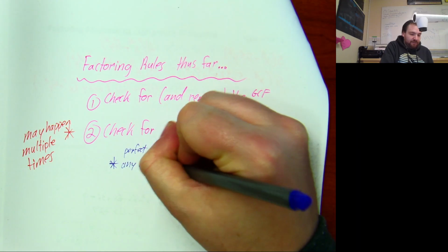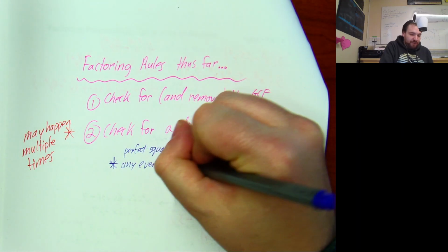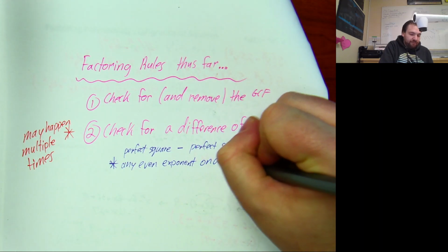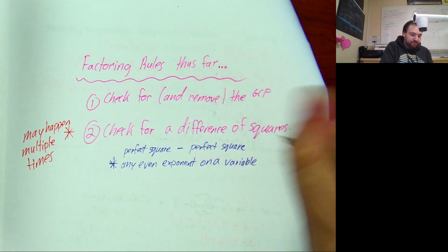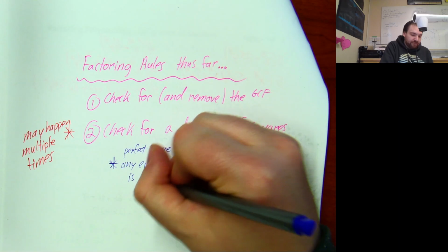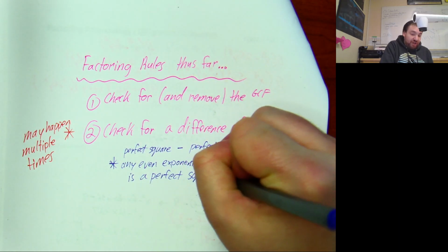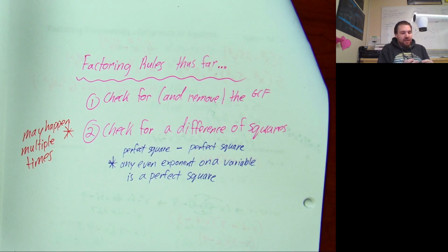Any even exponent on a variable is a perfect square. Which is not something we talked about yesterday. That's something you may have noticed, but now let's put it down there explicitly.